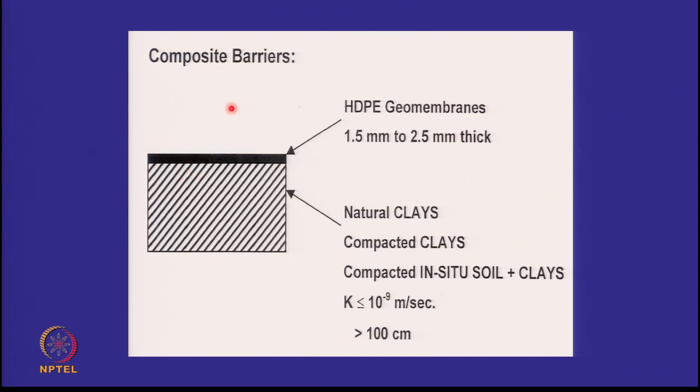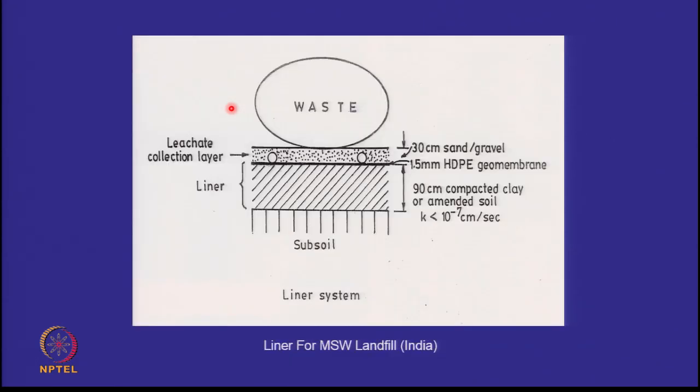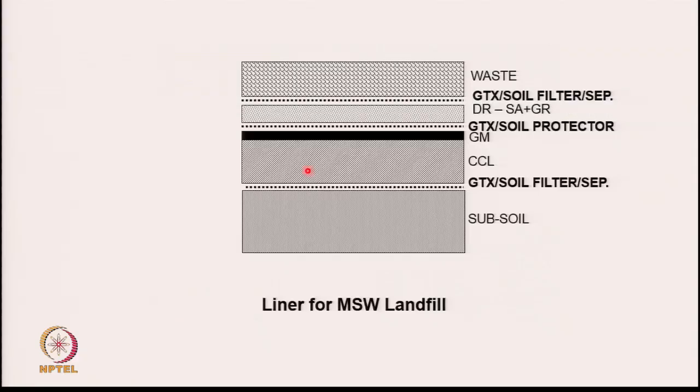How is it advantageous over the other types of barriers we discussed? And how it was there in various types of guidelines and manuals, and how it in fact was not a one layer or a two layer system, but several layers with separators and protectors and filters, and the composite barrier being the key component of the liner system.